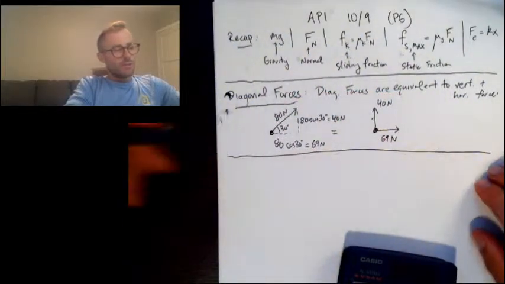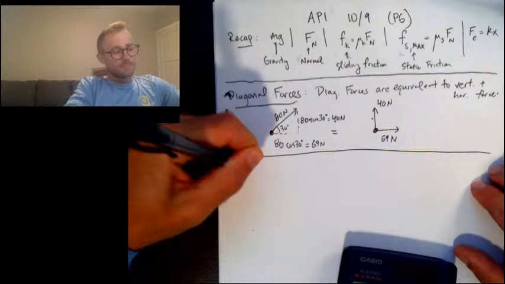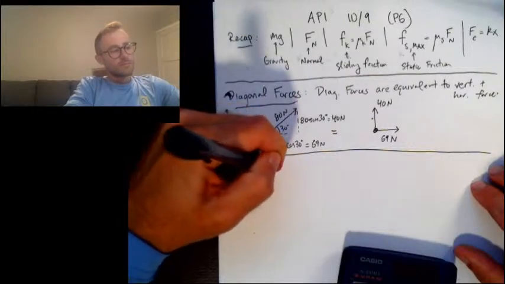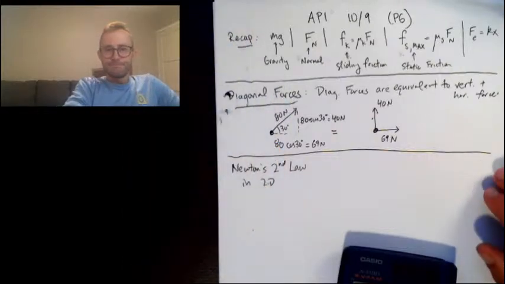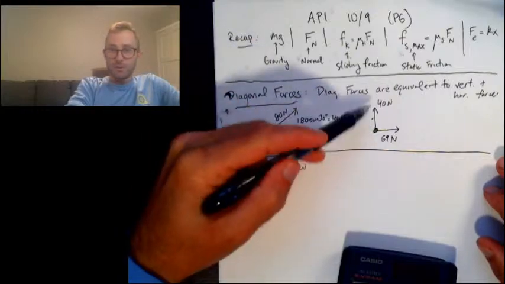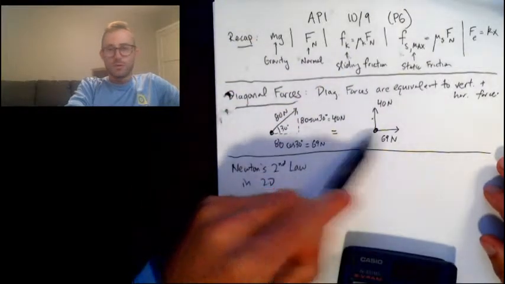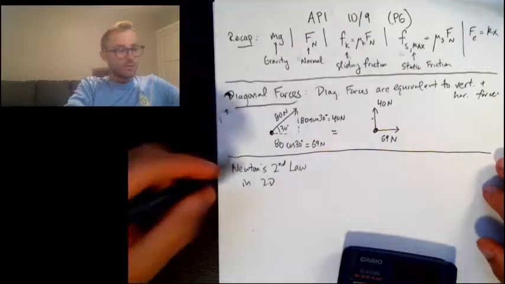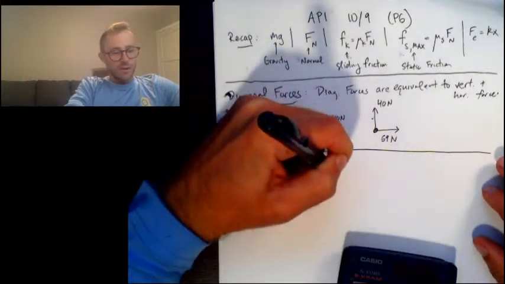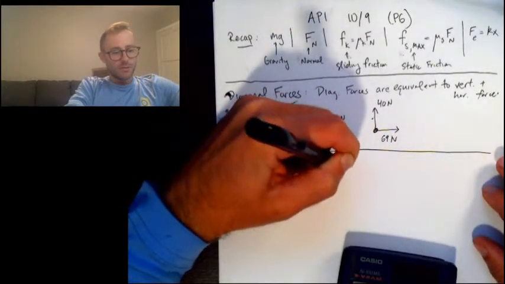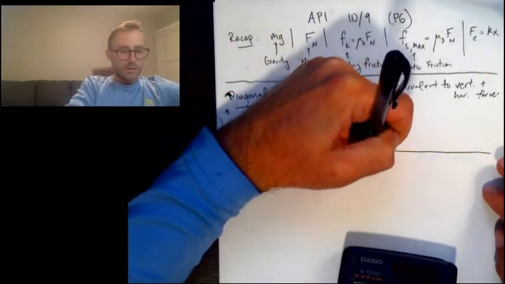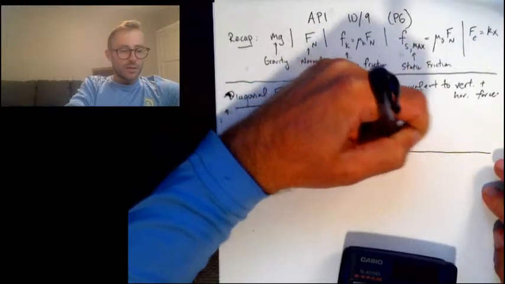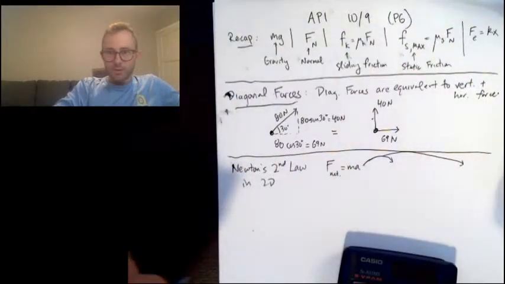Now let's talk about Newton's second law in 2 dimensions. So what if we have 2 dimensions? We have diagonal forces, vertical forces and horizontal forces. So it turns out that Newton's second law, net force equals ma, works in the vertical direction and in the horizontal direction.